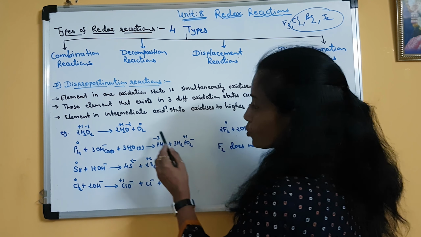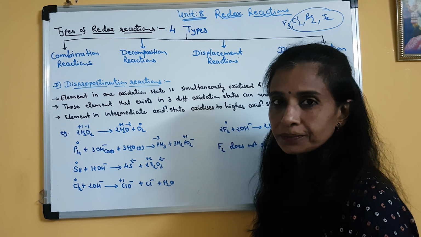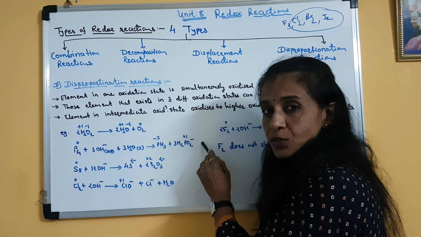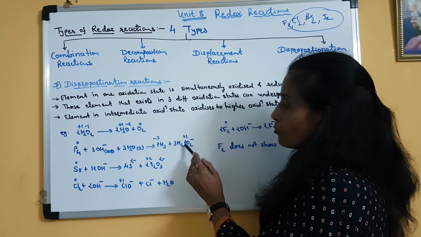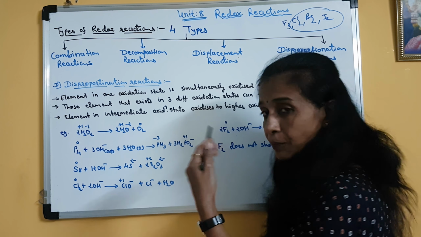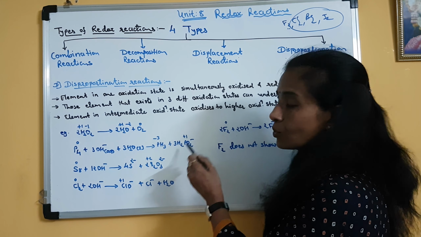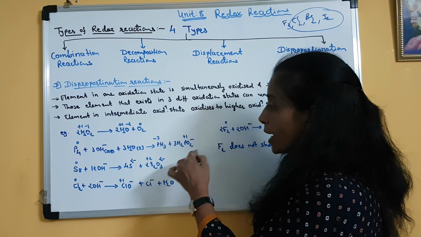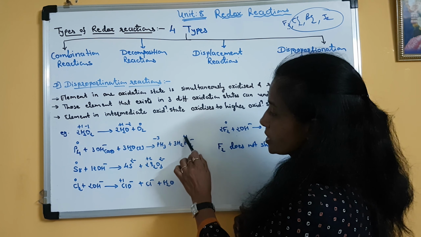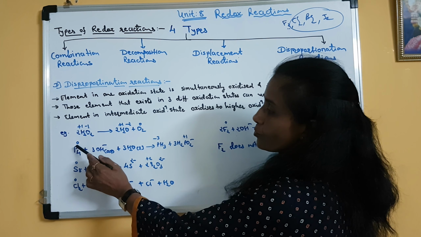Matlab from 0 to -3 it is undergoing reduction. Clear? When it is converted into H2PO2 -1, then in this ion, phosphorus is in +1 oxidation state. I have explained in the previous lecture how to find out the oxidation state of the polyatomic ion. Clear? So here phosphorus is in +1 oxidation state.